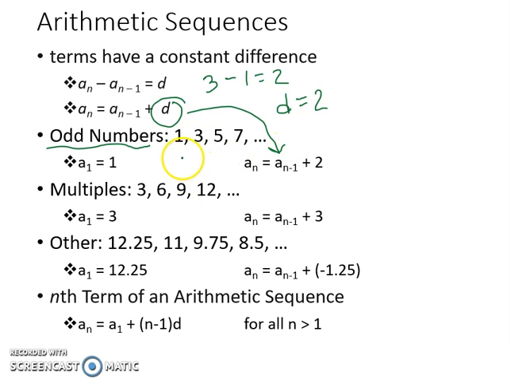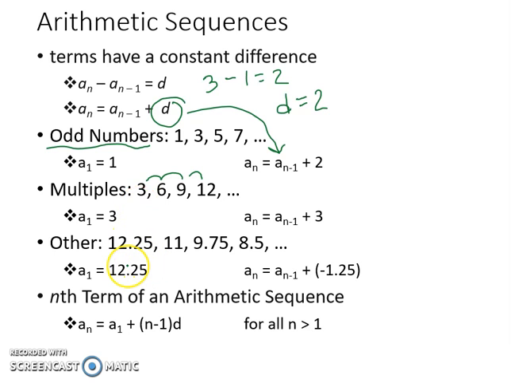So they're two away from each other. We can also do that with multiples. If we look at 3, 6, 9, 12, we see that we just added 3 to each of the preceding ones. So an arithmetic sequence is often defined recursively because we're adding to the previous term.